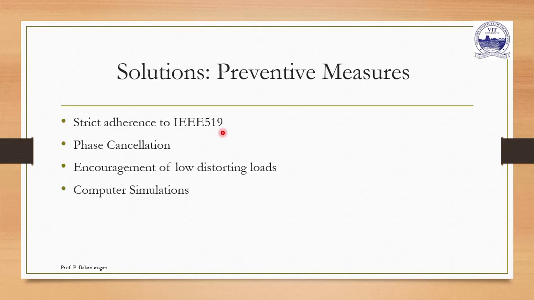And further, if any harmonics are present, the system should be designed in such a way that harmonic cancellation may occur due to the phase shift among the voltages and currents, along with the encouragement of low distorting loads and computer simulation. Computer simulation majorly aids to evaluate the harmonic performance of the system before commissioning of the load equipment.